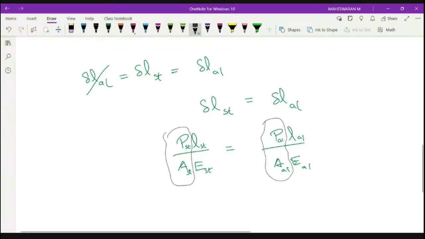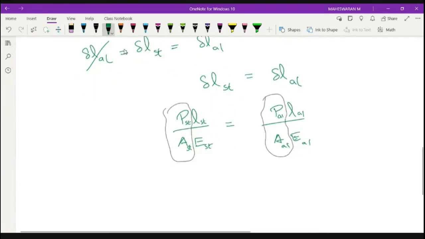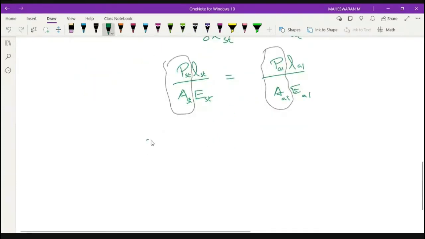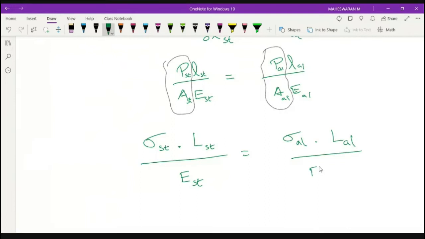I can write it in terms of stress. So what will I get? Stress in steel into length for steel divided by Young's modulus for steel is equal to stress in aluminum into length of aluminum divided by Young's modulus for aluminum.